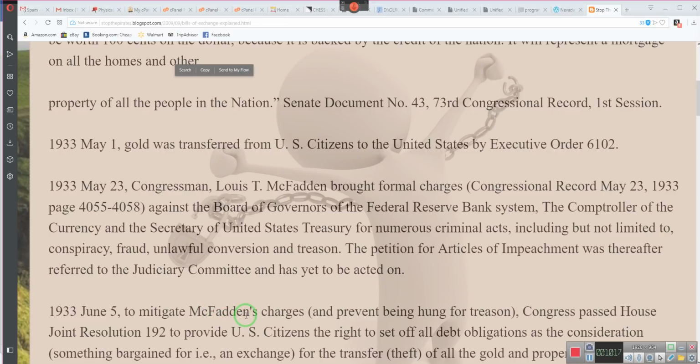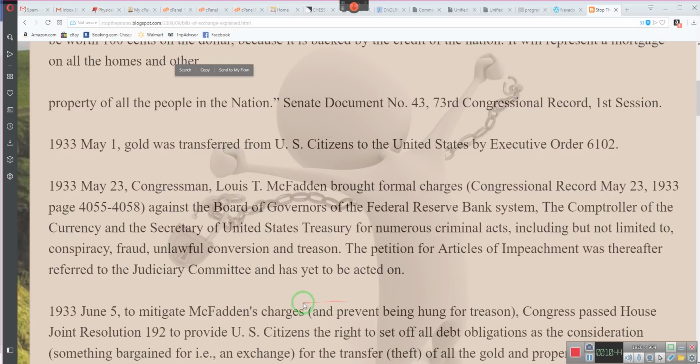You need to go back and look at the questions he's asking. He was the one going after the Federal Reserve. So McFadden, see, to mitigate McFadden's charges. Oh, no, they're right. Okay, I'm sorry. To mitigate McFadden's charges, because McFadden was saying that what they were doing was wrong, Congress passed the House Joint Resolution to provide United States citizens with the right to set off their obligation.